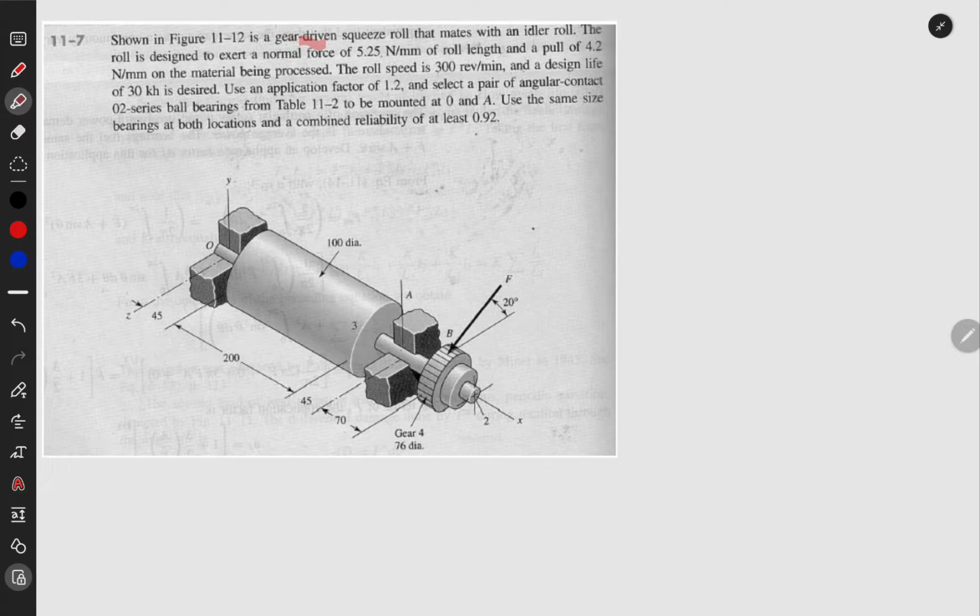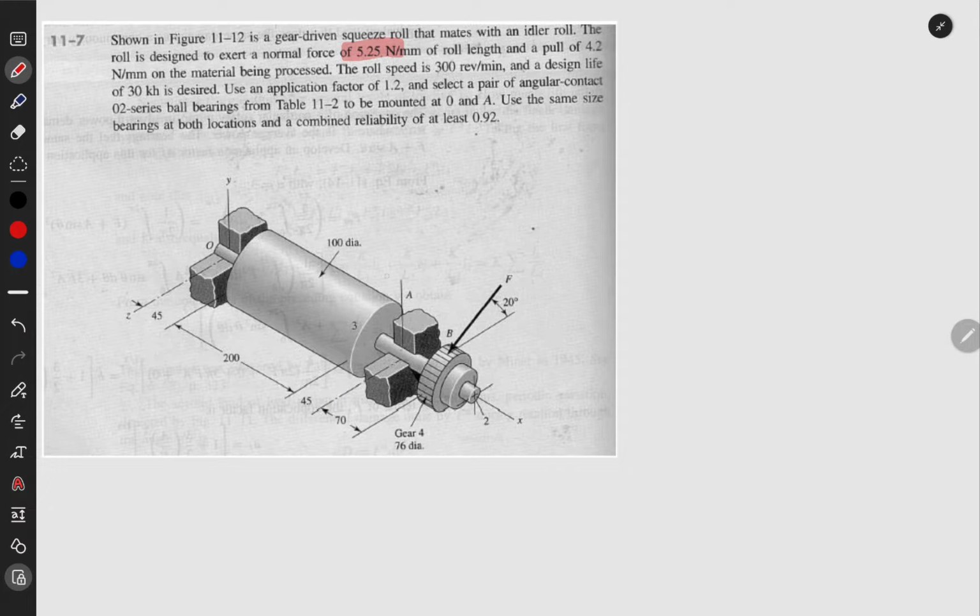Below is shown a gear-driven squeeze roller that's made with an idler roll. The roll is designed to exert a normal force of this much. It's like a roller, so say we are putting something here, and this thing will squeeze it.